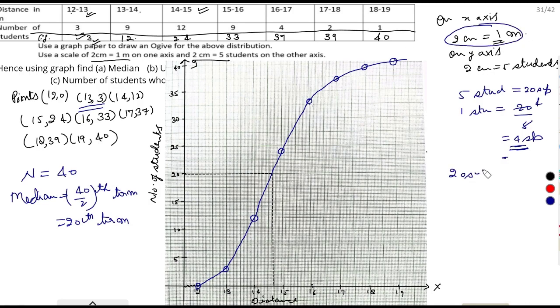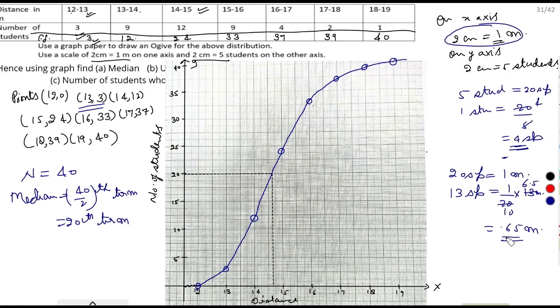It means 20 small parts is equal to 1 meter. And look at the ogive. This is 13 small parts. Then 13 small parts will be equal to 1 upon 20 into 13 meter, means 0.65 meter. These 13 small parts is equal to 0.65 meter.